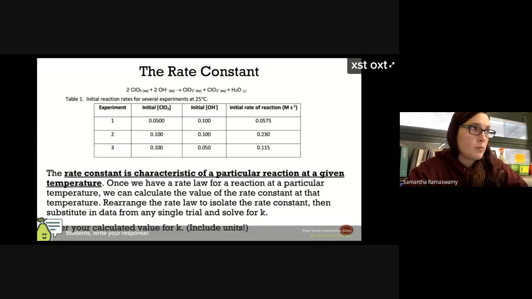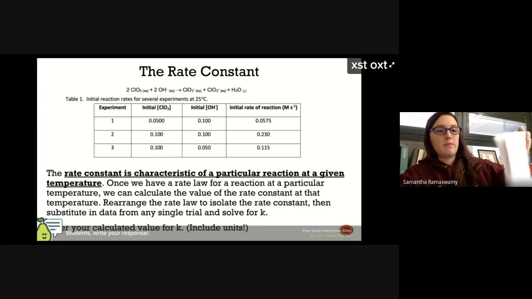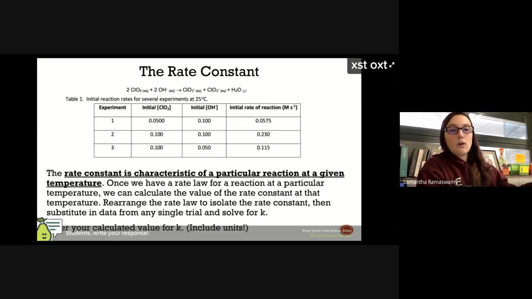Then it comes to looking at units. So remember on page 7 of the notes, we filled in the summary table for the overall order and the units for the rate constant. So the overall order of this rate law is third order, 2 plus 1. Or you can plug in the values.